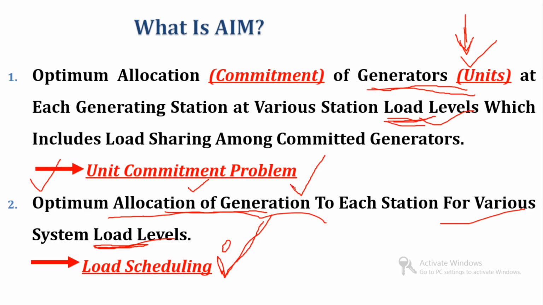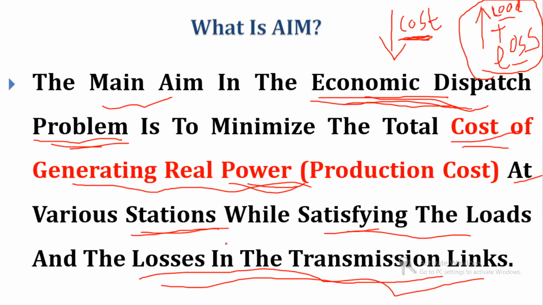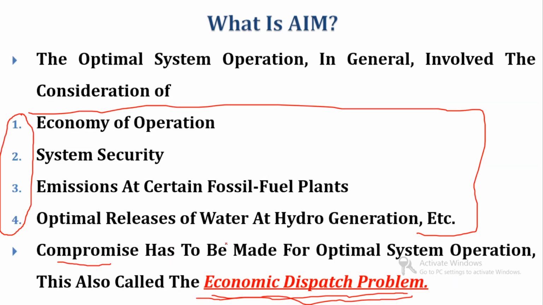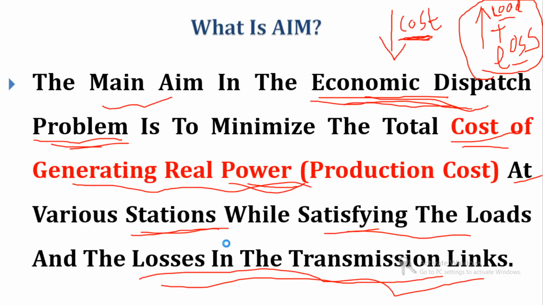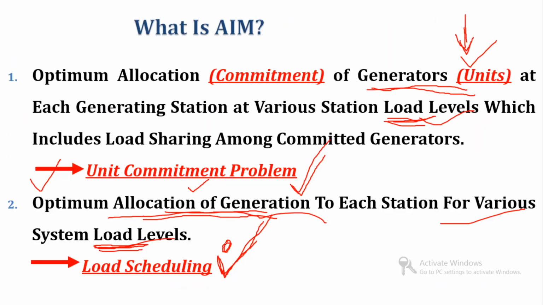The second is allocating the generation for your load, which again gives economic operation. These two problems come under the economic dispatch problem.